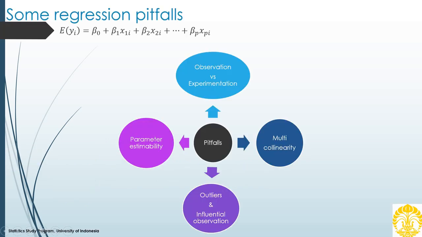So, for this session, we will have a look at some regression pitfalls in linear regression analysis. Some pitfalls that we are looking at now are about differentiating between observations and experimentation, and what's the effect of having different types of data in terms of how we use the regression results.